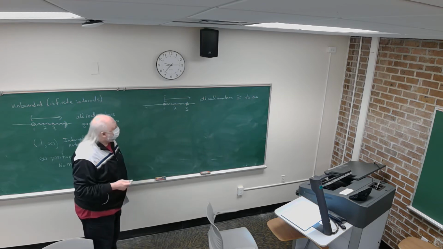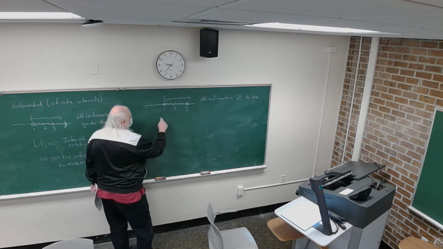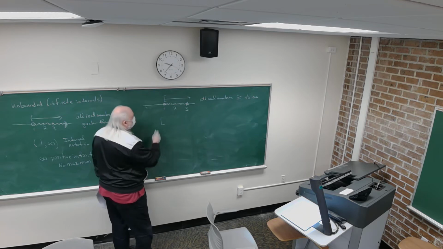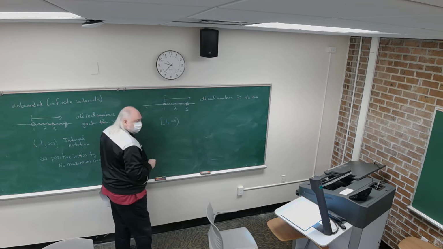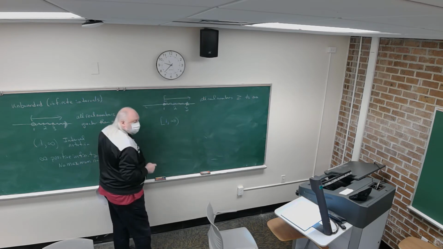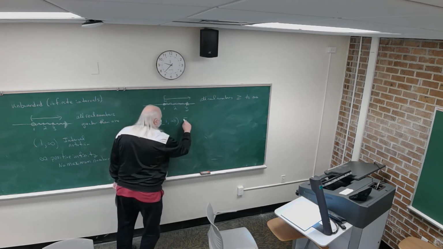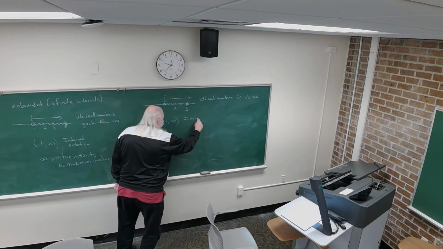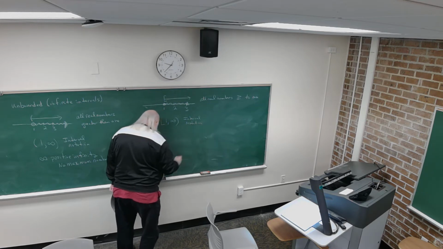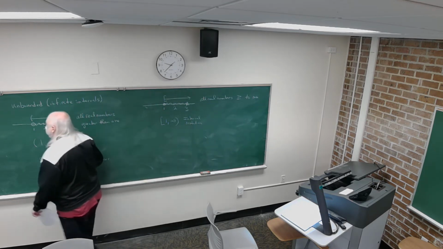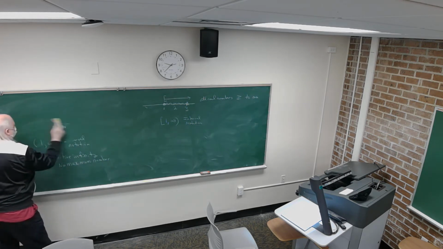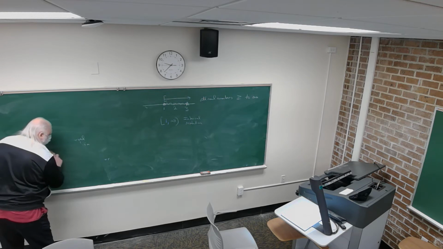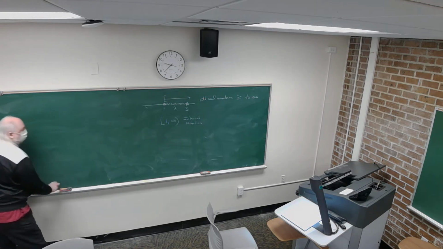So in interval notation, it's left bracket 1, comma, infinity, because there's no maximum number in this set. Any questions on that?